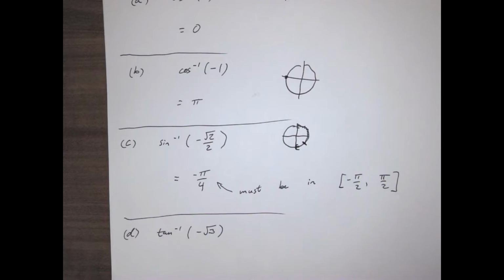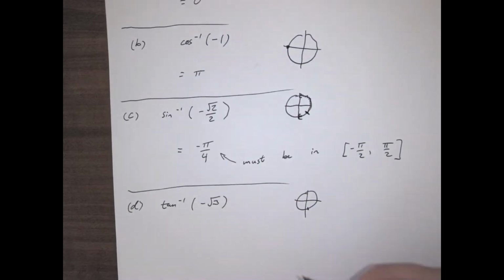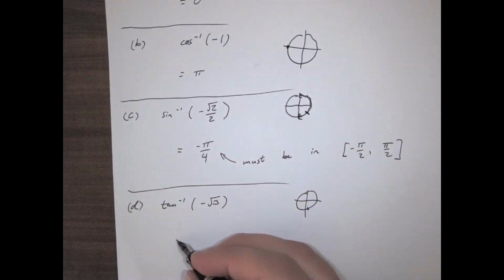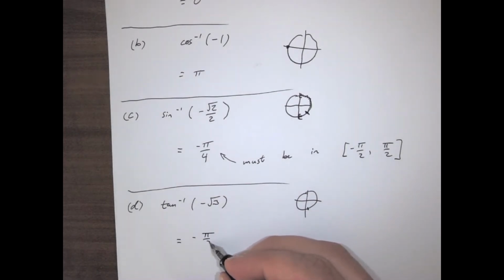Well, negative root 3. So that one was one of the 30, 60, 90 angles. And if we think about it, root 3 over 3 is smaller, root 3 is bigger. And so that means we're talking about a steeper slope, here negative. So we're talking about the lower one here. So that means this angle down here, and so we must be talking about negative pi over 3.